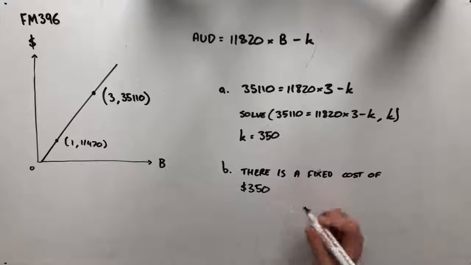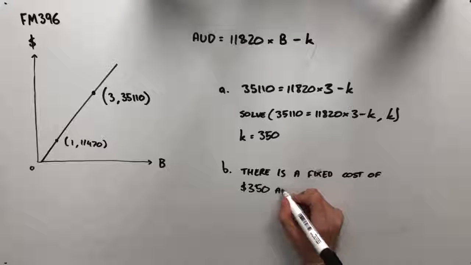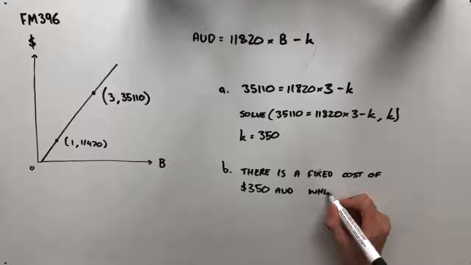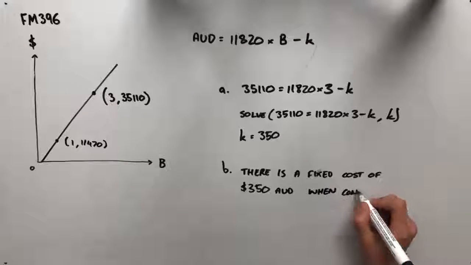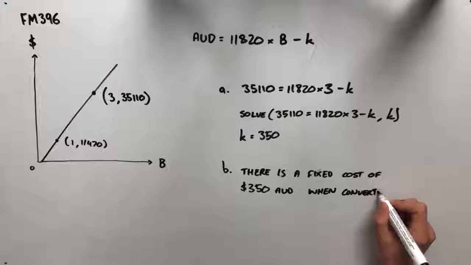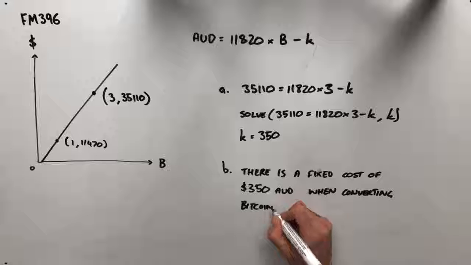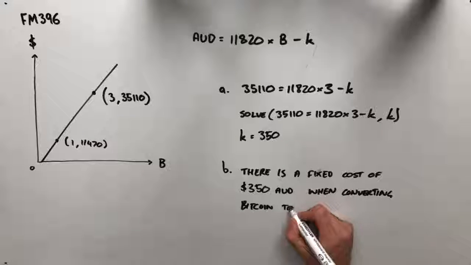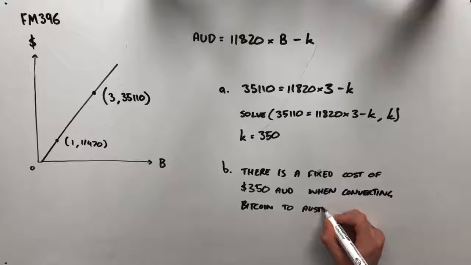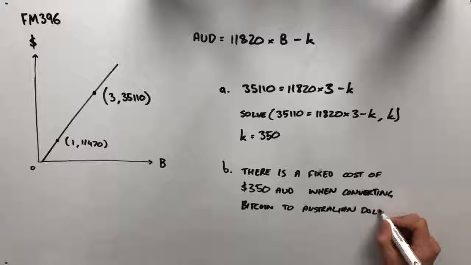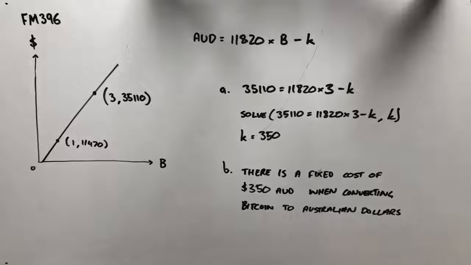If you want to be really picky, you can put in the Australian dollars when converting Bitcoin to Australian dollars. Something like that. Anyway, those are those two questions.